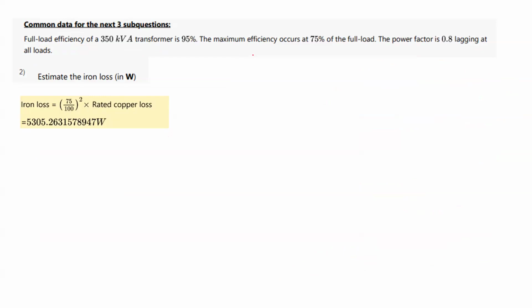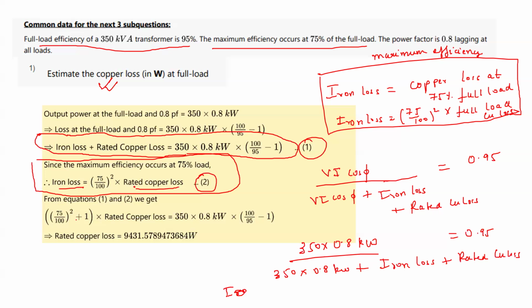Now this question is a continuation of this data. We have to estimate the iron loss. These are all related. We have the second equation, that iron loss at maximum efficiency is x square into rated copper loss, where x is the percentage loading at which maximum efficiency is happening.